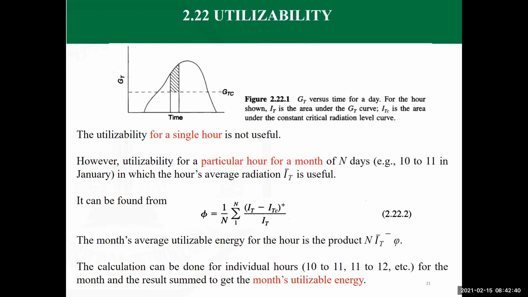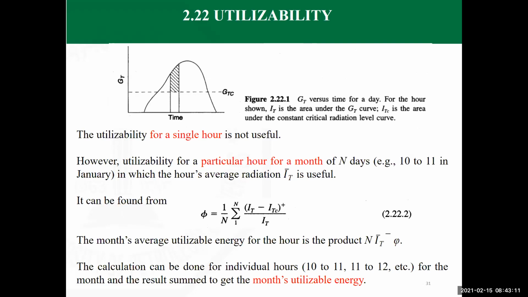What I mean by that is that if we are going to do it over the month of February of 2021, and being able to measure what's the value of the utilizability factor, which is phi, over this month, it gives an indication. But it would be more useful if we have this value and the value of the same hour, 10 to 11, of February 2020 and 2019 and 2018.